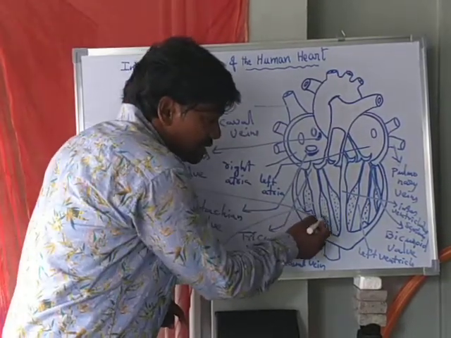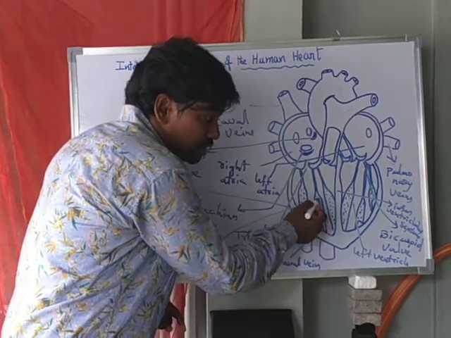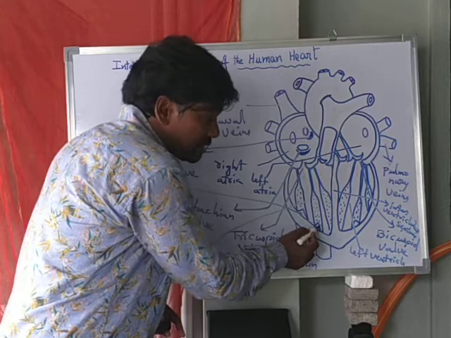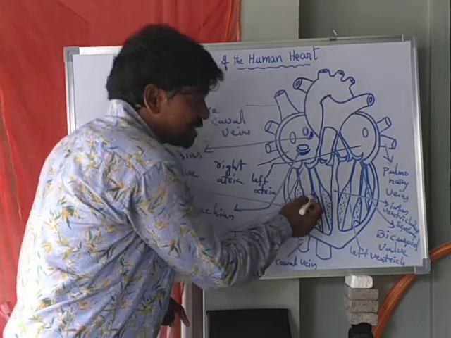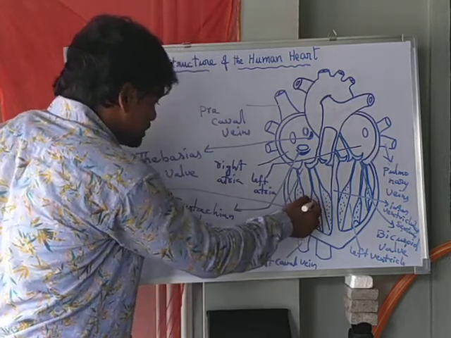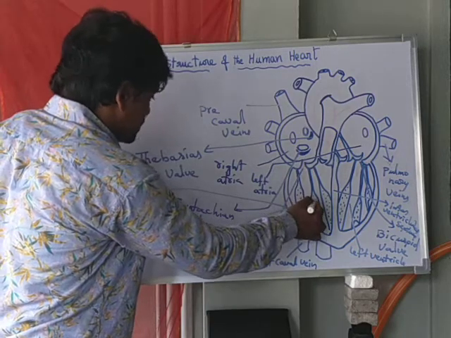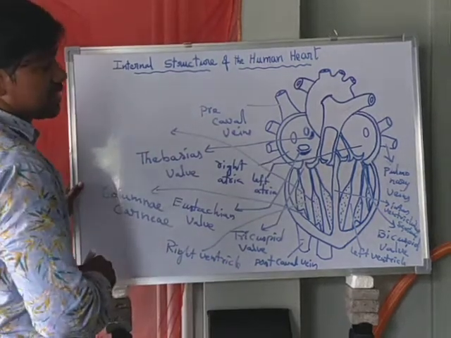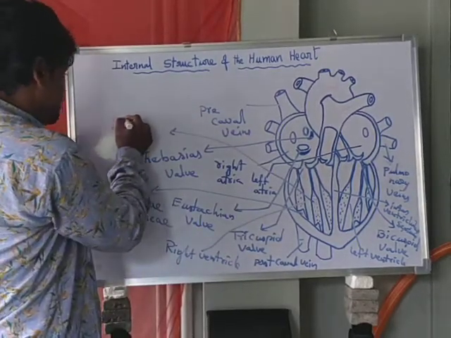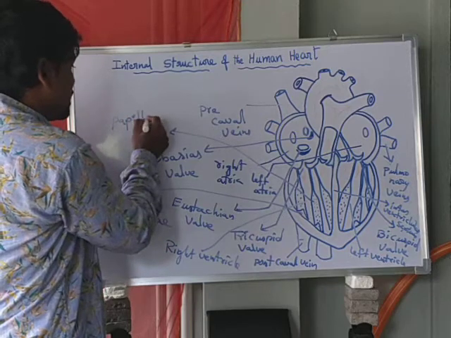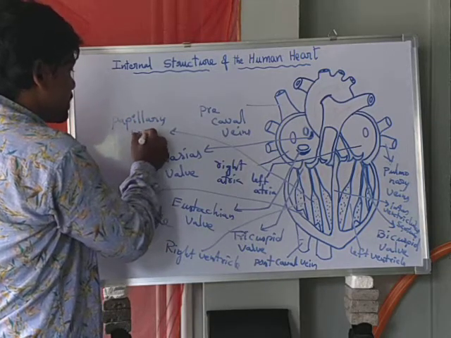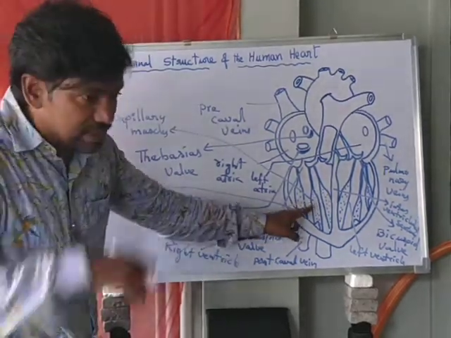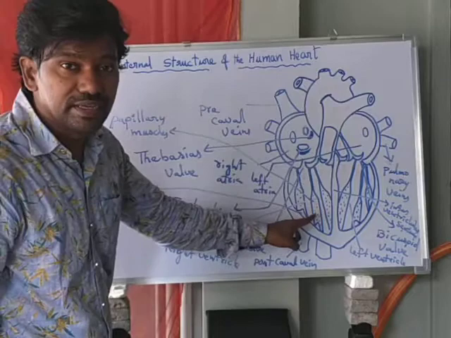These ridges gradually form large, conical shaped structures, which are called papillary muscles. So these conical shaped structures are called papillary muscles.